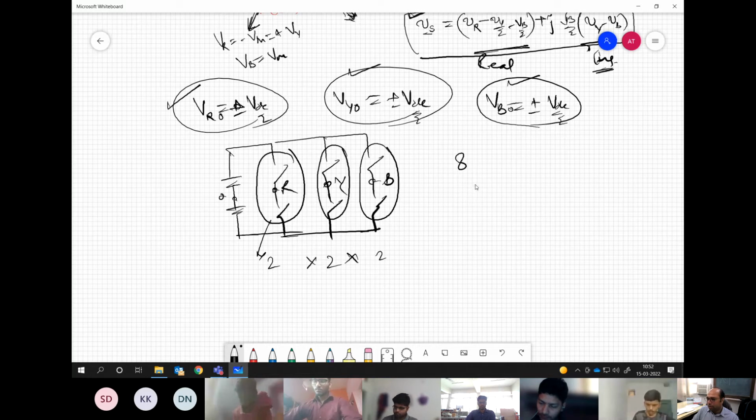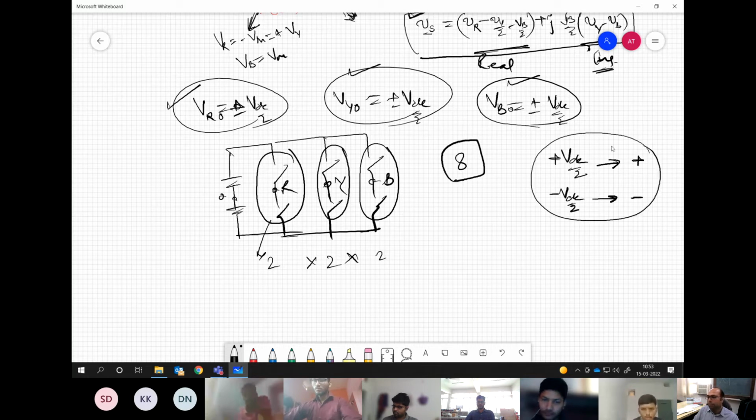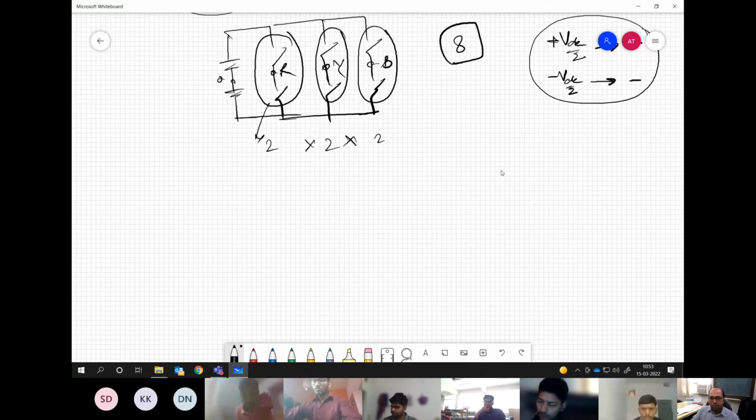When any output is plus VDC by 2, I will call that state plus. And if the output is minus VDC by 2, meaning the lower IGBT is connected, I will call that state minus. So the two-level three-phase voltage source inverter may have 8 possible combinations of these voltage levels. You understand my point?